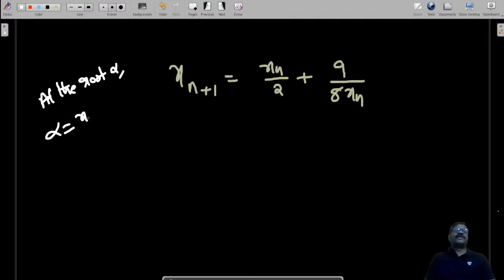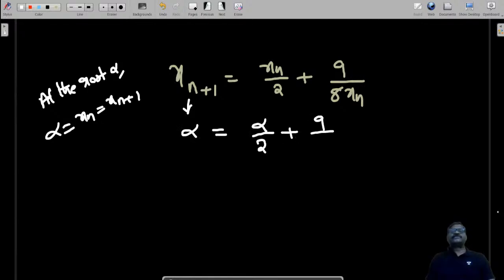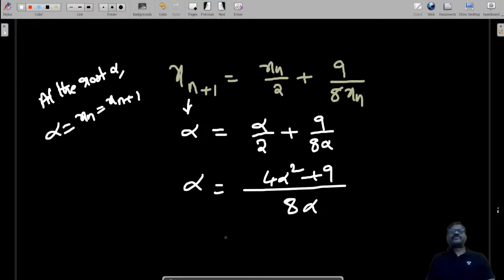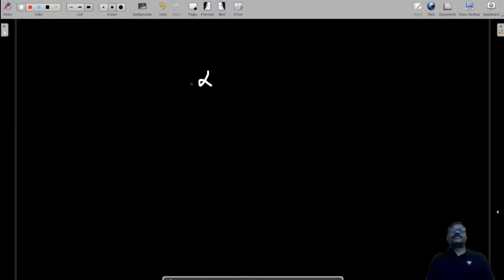At the root alpha equal to xn plus 1, alpha equal to alpha by 2 plus 9 by 8 alpha. 8 alpha is LCM, 4 alpha square plus 9. 8 alpha square equal to 4 alpha square plus 9. 4 alpha square equal to 9.